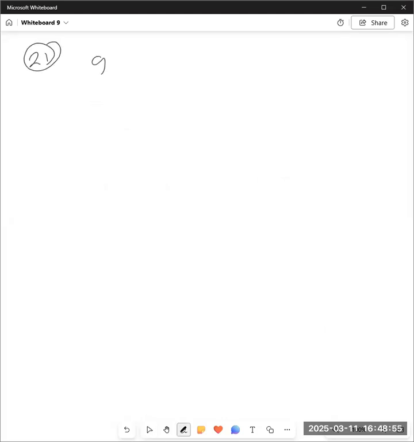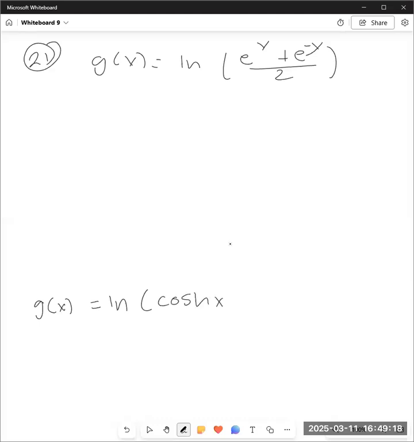And it says g of x is equal to ln of e to the x plus e to the negative x over 2, which I know is hyperbolic cosine, so I'm going to do it down here that way and say that g prime of x is equal to the derivative over that.